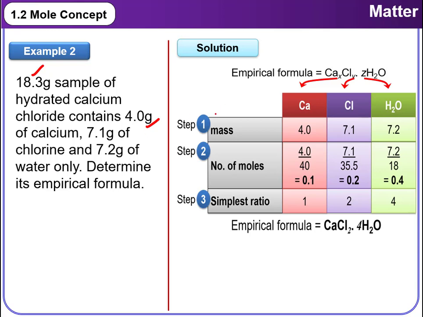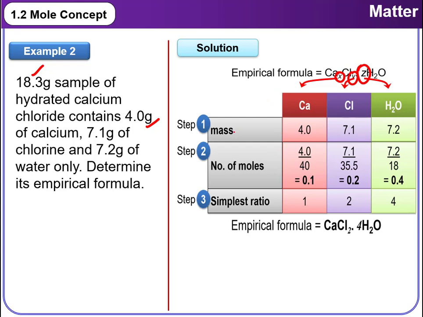Generally, it will be written as CaxCly·zH2O. So you have to determine the x value, y, and also z.